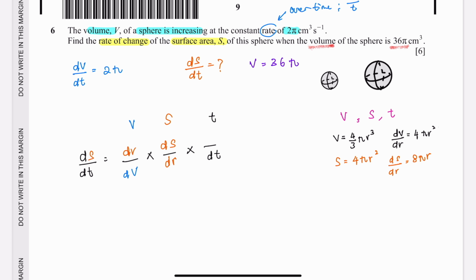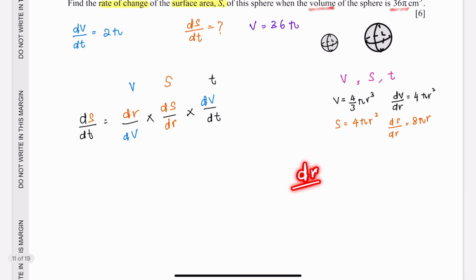dr over dV is in this form, but this is dV over dr. So if dV over dr is equal to 4 pi r squared, dr over dV would be just 1 over 4 pi r squared. I'm going to flip that.